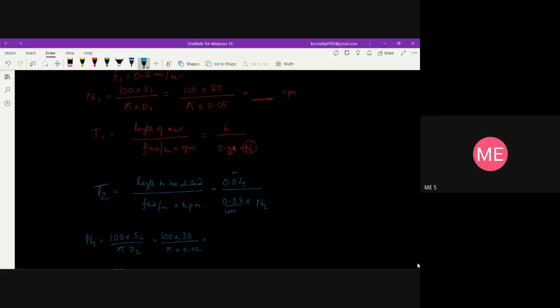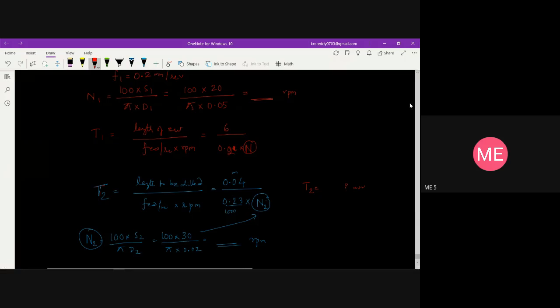If we cancel this out, we get the N2 value in RPM, and this N2 value should be substituted here to get T2 in terms of minutes.